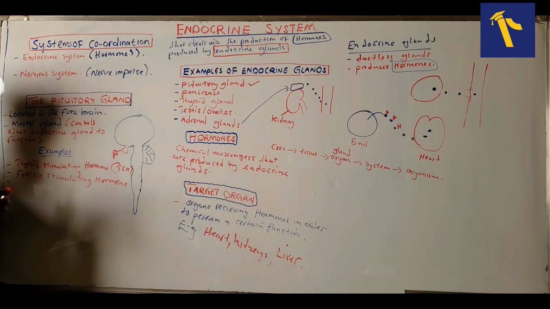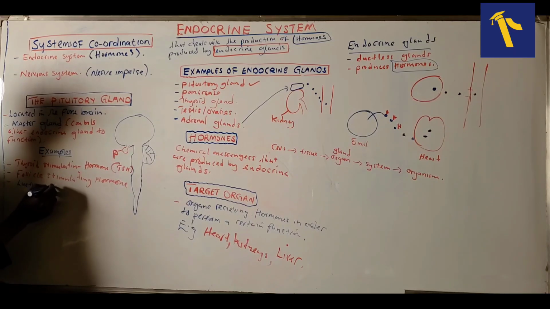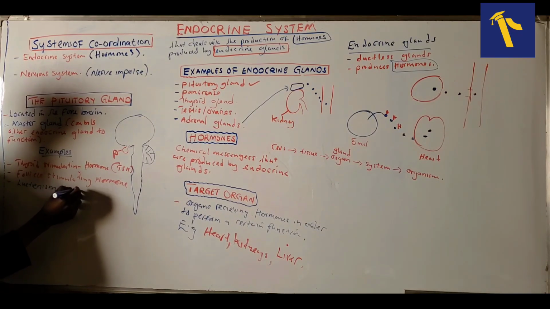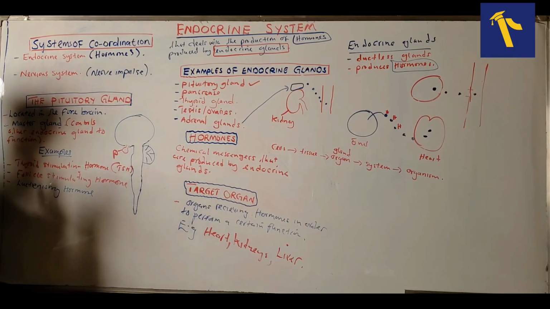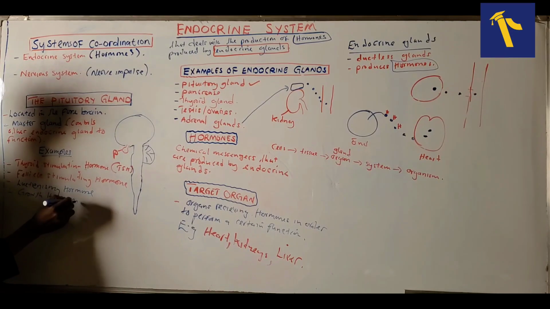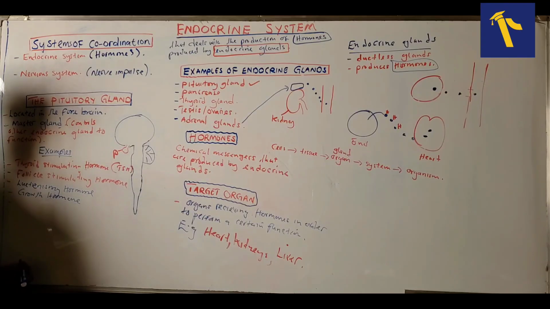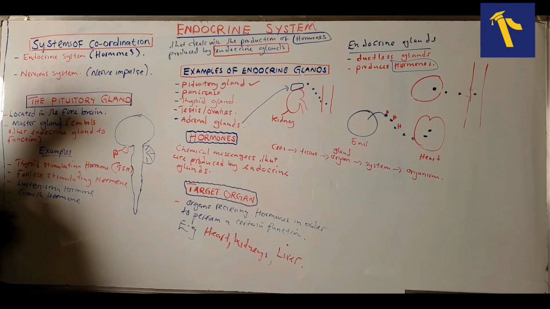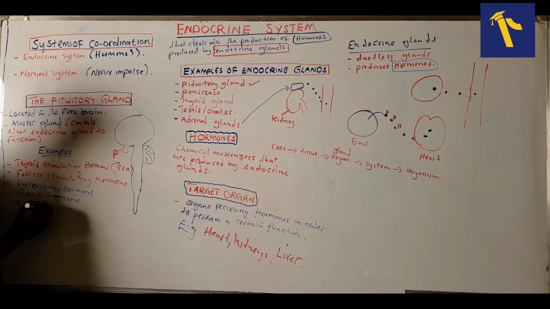Okay, let us use blue for this one. We have luteinizing hormone. We have a lot of them. We have growth hormone. Okay, what else? Apart from growth hormone, we have adrenal stimulating hormone.